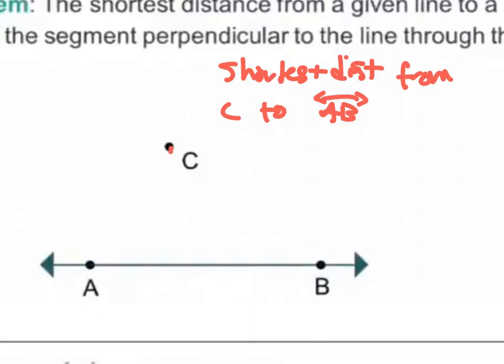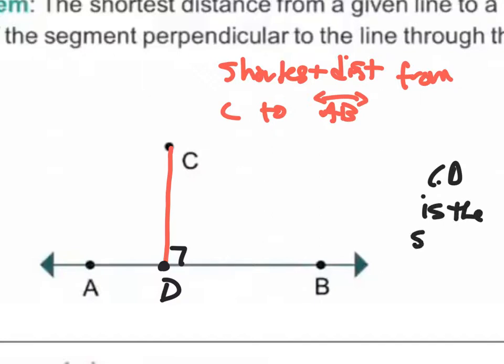Okay, so if I drew a line going like this, and said that it was perpendicular, and created a point C, called this point D, CD is the shortest line segment. And that's the idea, that we're just trying to figure that out.